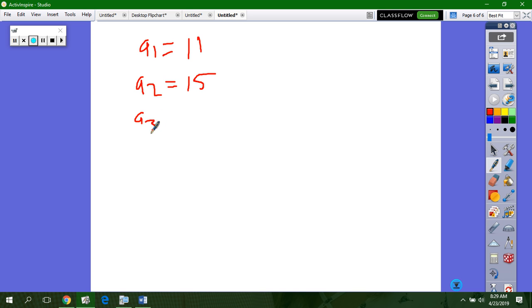A sub 3, or the third row, has 19 seats in it. So what's happening every time? We're adding 4 every time. Does that make it arithmetic? Sure. Let's say there are 23 rows. How many seats are in the 23rd row?